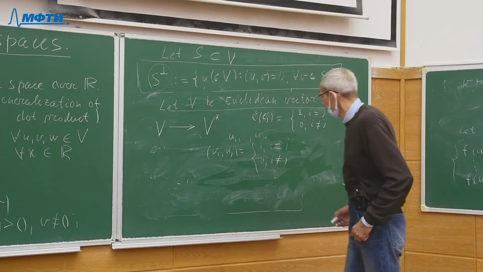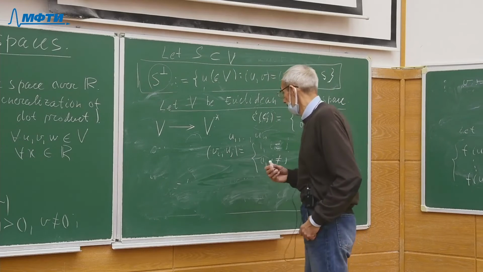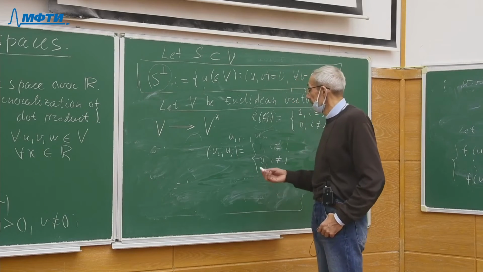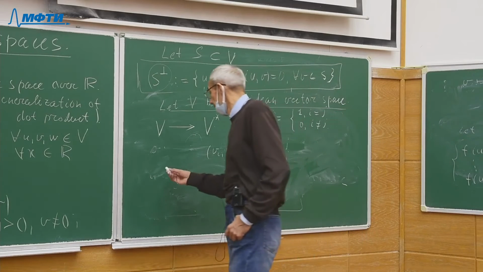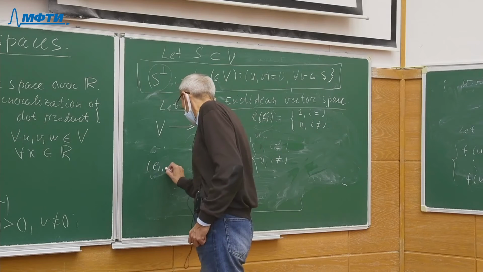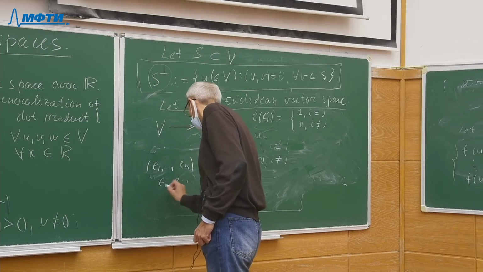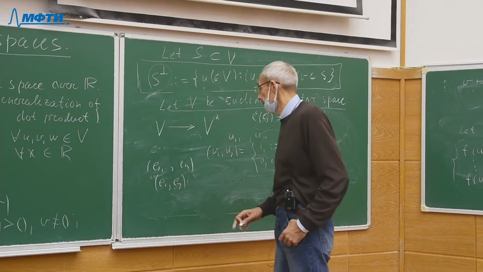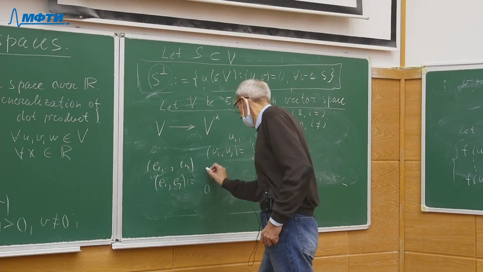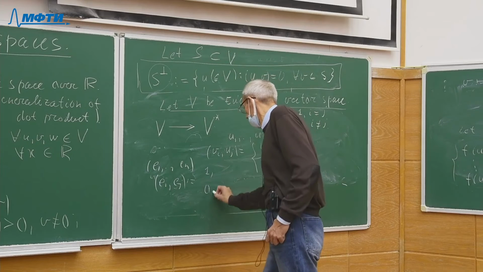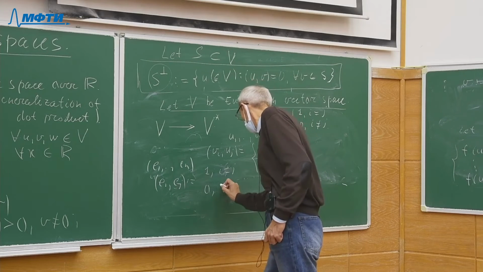But we can consider a more interesting situation. Now we construct such a basis e_1, ..., e_n such that the scalar product of different vectors of this basis is equal to 0, and the scalar square of each vector is equal to 1.